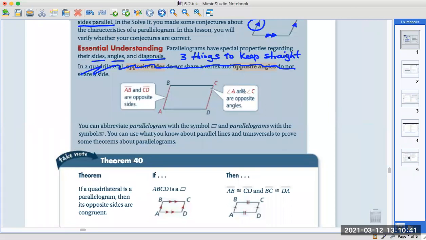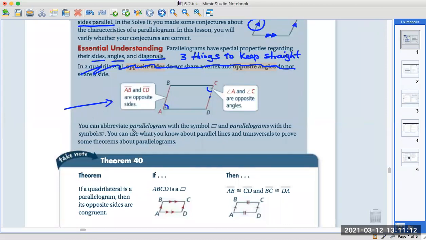That angle symbol is right there. So angle A is opposite of angle C. So these two angles are opposite. This and this is not opposite. Do you see the difference? Yeah, this side is opposite that side. This angle is opposite that angle. These two sides are also opposite, and these two angles are also opposite. Okay, so look at that.